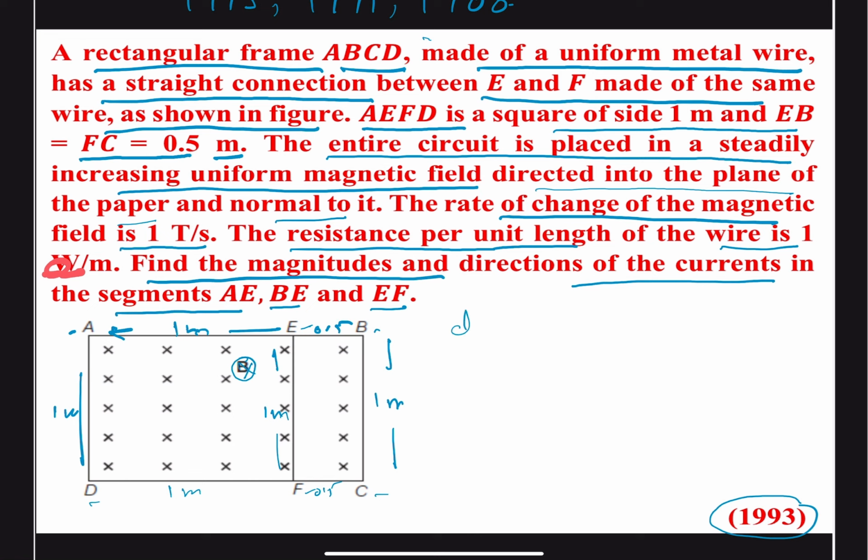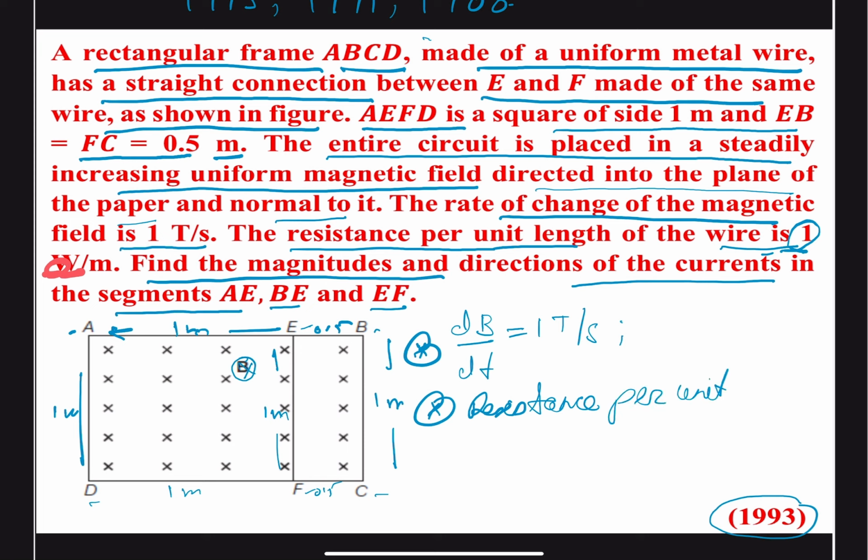So here we have dB by dt equal to 1 Tesla per second, and it is also given that the resistance per unit length of the wire is 1 ohm per meter.